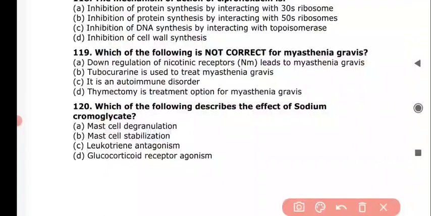Next question is, which of the following is not correct for myasthenia gravis? And the correct answer is option B, tubocurarine is used to treat myasthenia gravis. Next question is, which of the following describes the effect of sodium cromoglycate? And the correct answer is option B, mast cell stabilization.